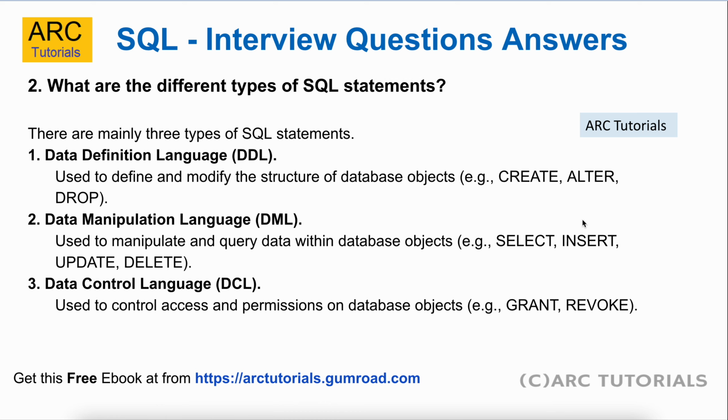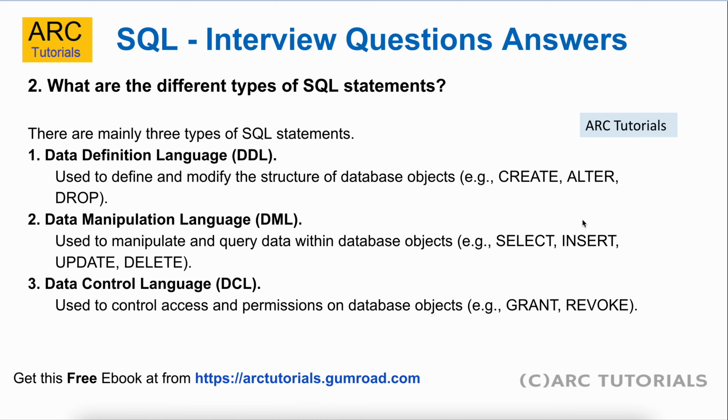What are the different types of SQL statements? There are mainly 3 types of SQL statements. Data definition language, which is used to define and modify the structure of the database objects. These include create, alter, drop.